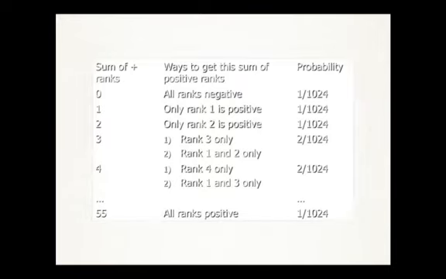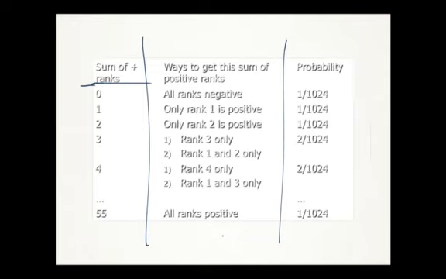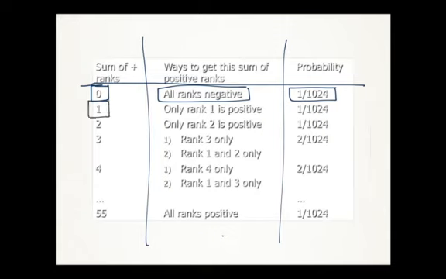Okay, so if we look at the sum of the positive ranks, that's what we're interested in. We can see, so the sum of the positive ranks, if it were to be 0, for example, we know that all the ranks are negative. This happens 1 out of 1,024 times. If the sum of the ranks were 1, only rank 1 is positive.